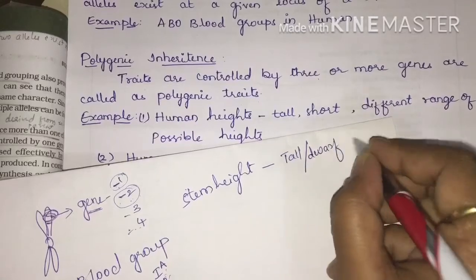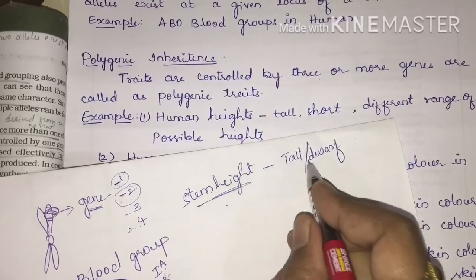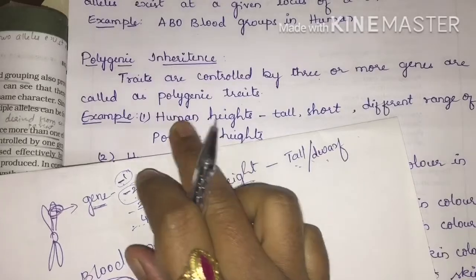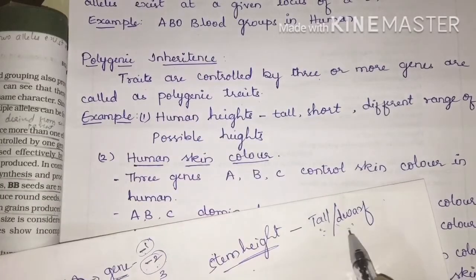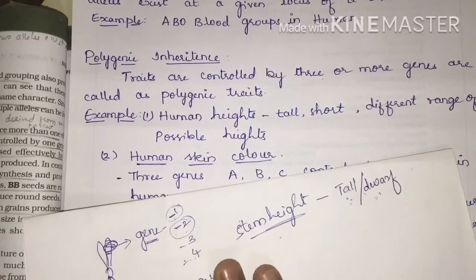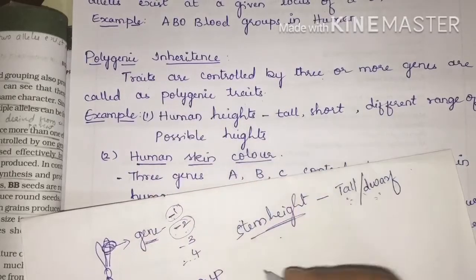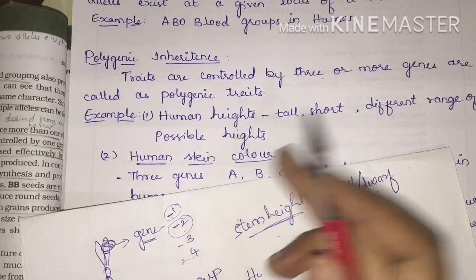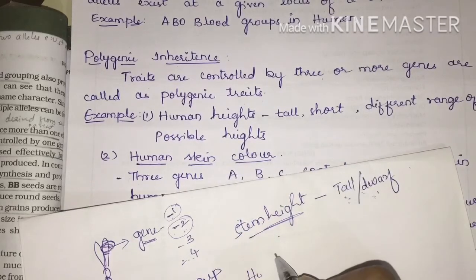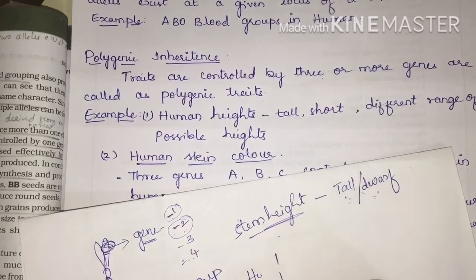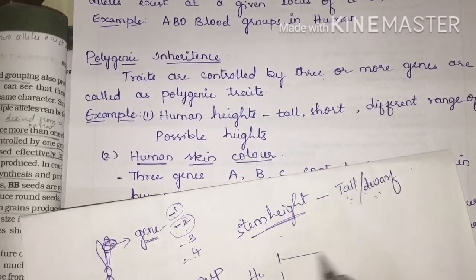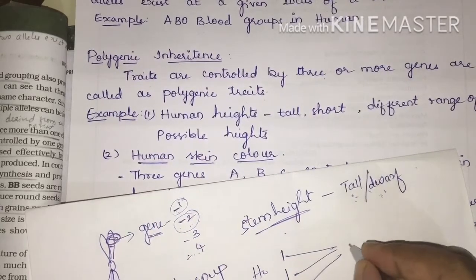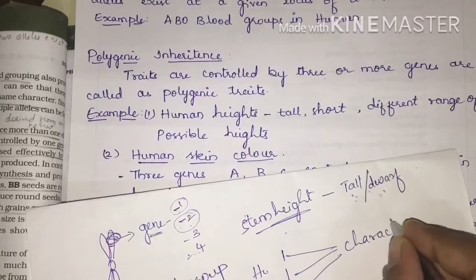One gene was responsible for these two different varieties. Now in polygenic inheritance, we have the example of human height. Rather than one gene, here two or more genes are responsible for giving one character or one trait.